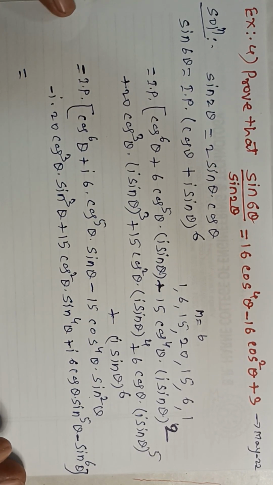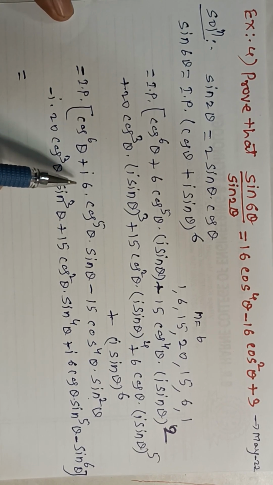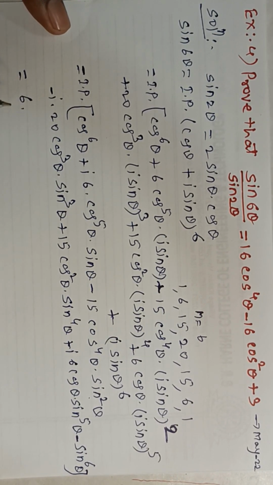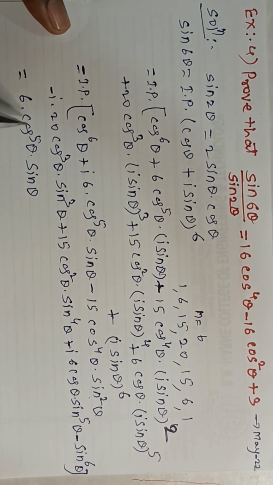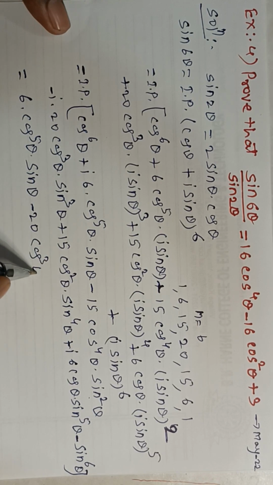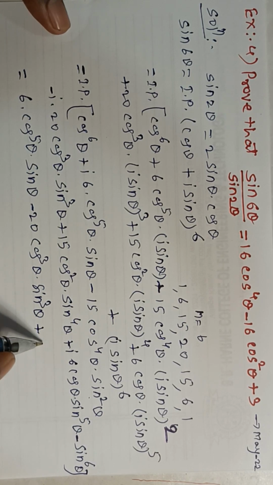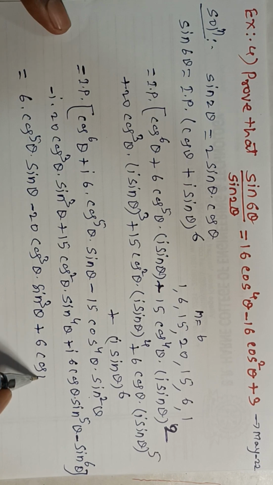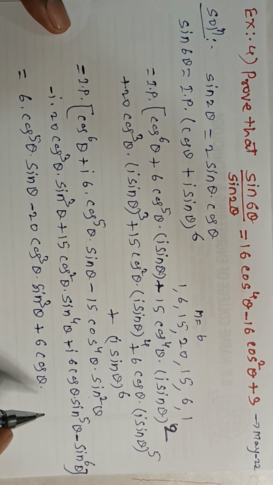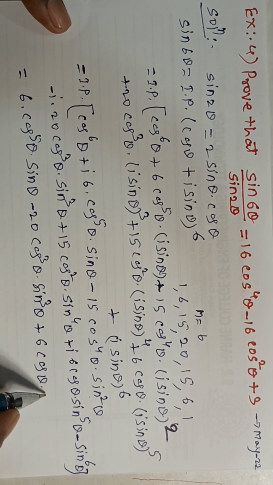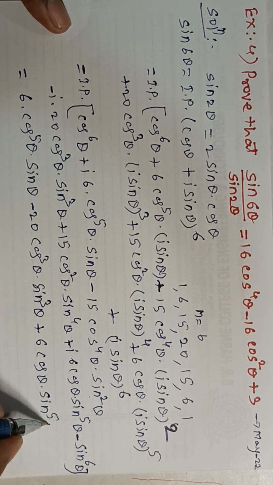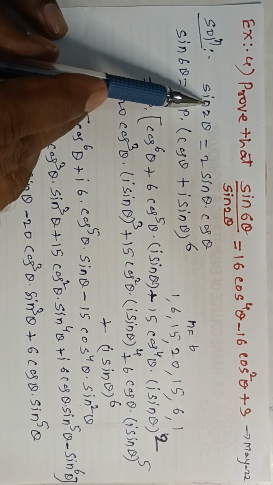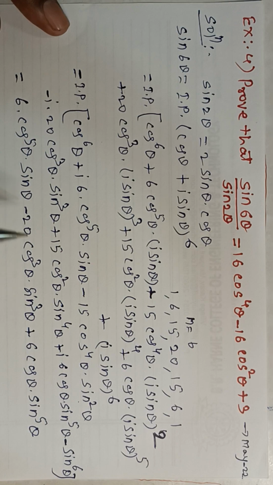So sin 6 theta, imaginary part, second term, that is 6 times fifth power of cos theta into sin theta, then this term minus 20 times cos cube theta into sin cube theta, then this term plus 6 times cos theta into fifth power of sin theta. This is sin 6 theta and this is sin 2 theta.